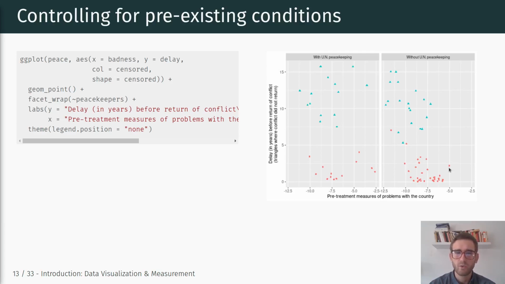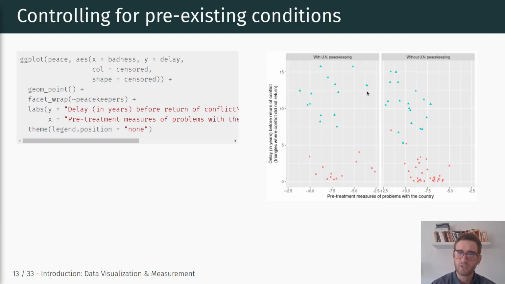But the other finding is that it's not the case that UN peacekeeping only selected the easy cases, right? There were actually a lot of UN peacekeeping missions that were involved in civil wars that on average had worse preconditions, so to speak, right?